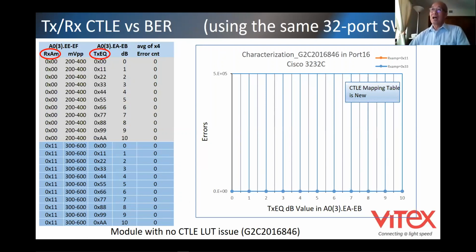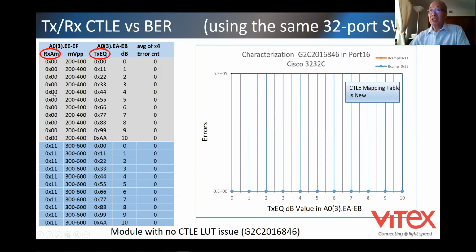You can see I highlighted here the receiver amplitude and transmitter equalization. You can change that at this location, right? If you change your 00, 11, 22, 33, you can see it's a 10 dB step. The range is 10 dB from here all the way to here. Here I don't change it.